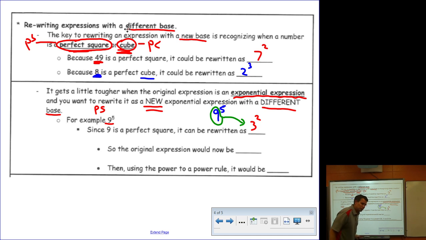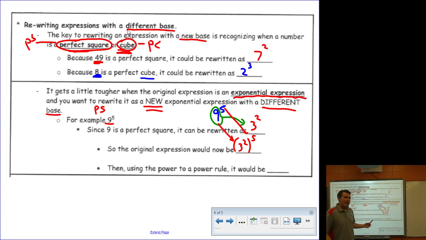So then the original expression, instead of 9, it would be 3 to the second power. That takes the place of the 9, but it's still to the 5th power. All I did is take the 9 and rewrite it as 3 to the second. The 5 is still on the 9.